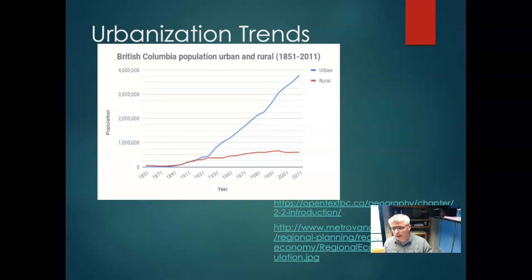And here's the data presented slightly differently, but this is for just British Columbia as opposed to the prior graph we looked at that was for all of Canada, showing this urban, rural. These aren't percentages, these are absolute numbers, but you can see that 50-50 point is about 1920, and what you see is a moderate increase to leveling off of folks that live in a rural environment compared to this pretty much straight line up of individuals living in an urban environment.